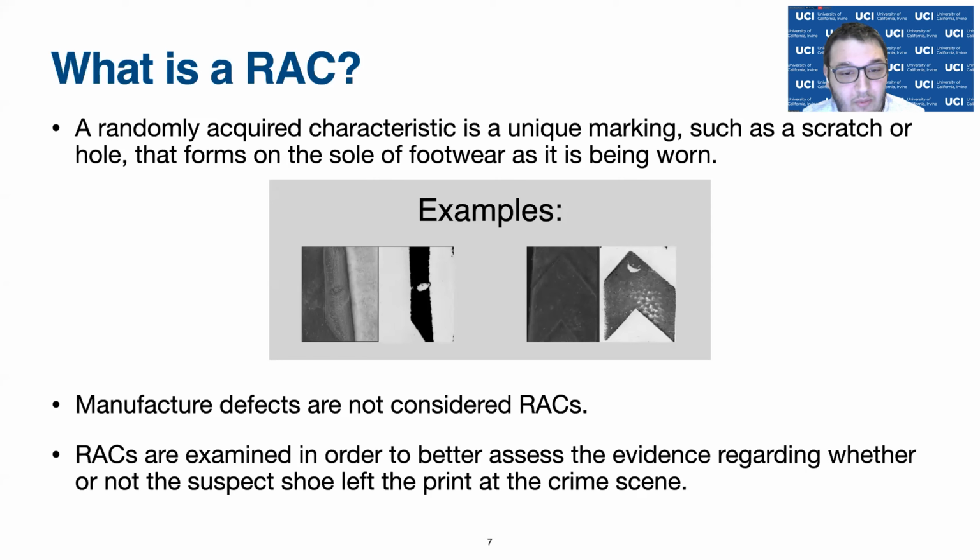So if a RAC appears on a crime scene print and it doesn't appear on your suspect's shoe, that's evidence that that might not be the shoe that left the print. If there's a huge RAC on a shoe and the crime scene print, then that's more evidence that that is the shoe that left the print. So that's why RACs become such an important part of the shoe print examination process.